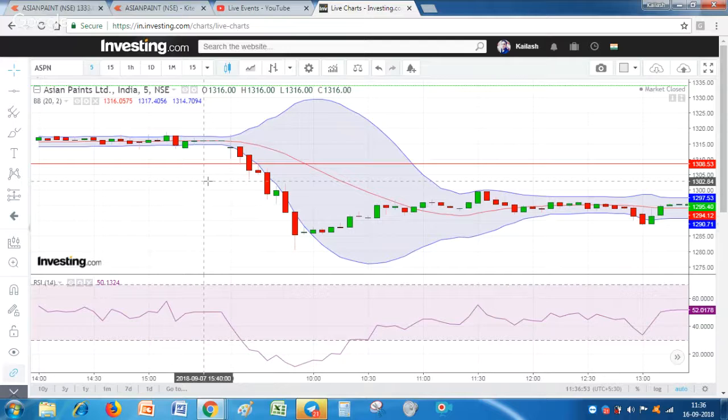So we have to decide what my stop loss, my total loss for the day, would be. Before entering any trade, we should always be ready with our calculated risk, how much risk I can take in any day.